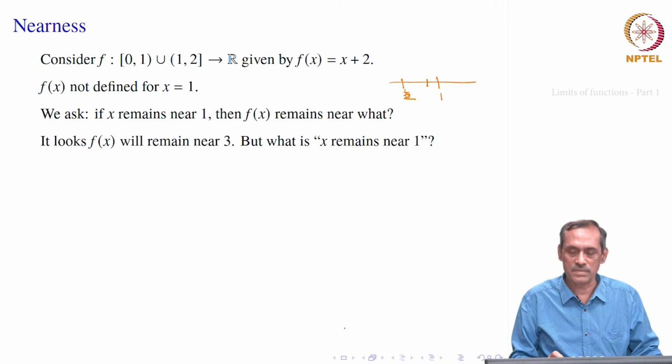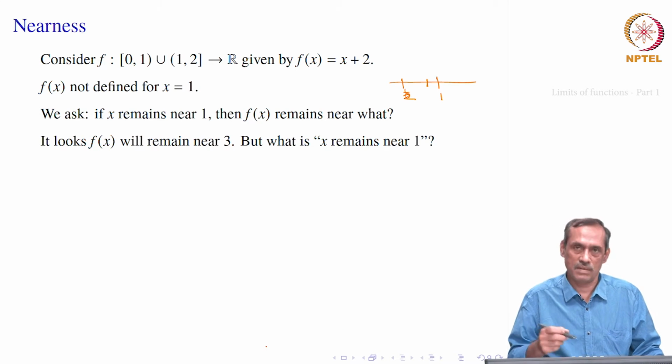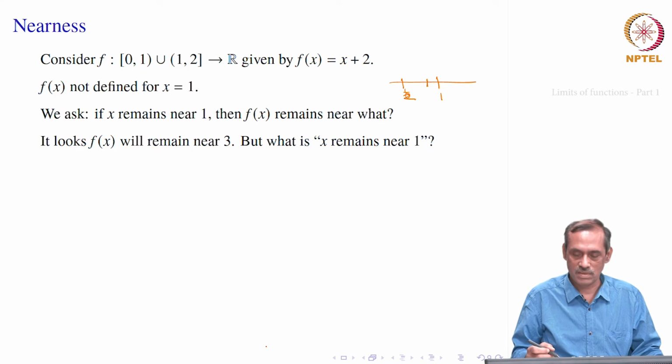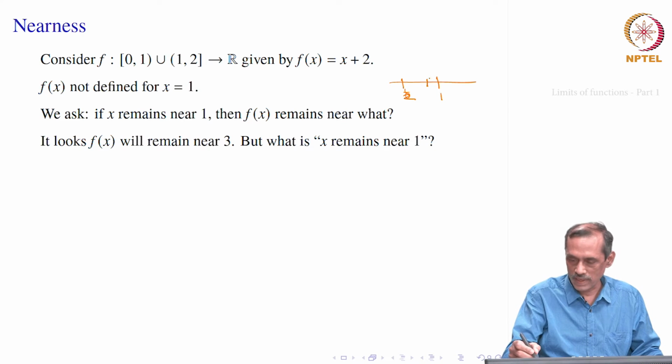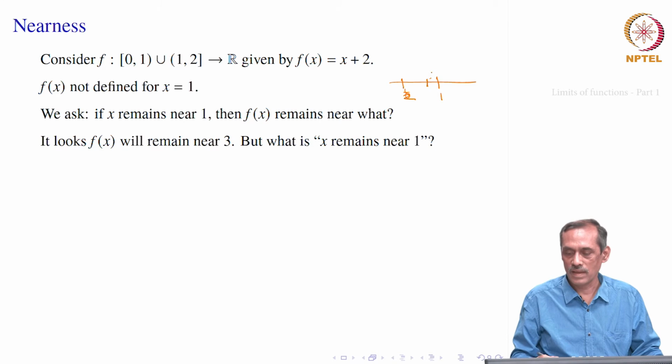Well, instead of general nearness, we may think of how near or how close. Suppose I choose a point, say 0.9, somewhere close to 1. I may think of it as near 1, with some tolerance of slightly more than 0.1.